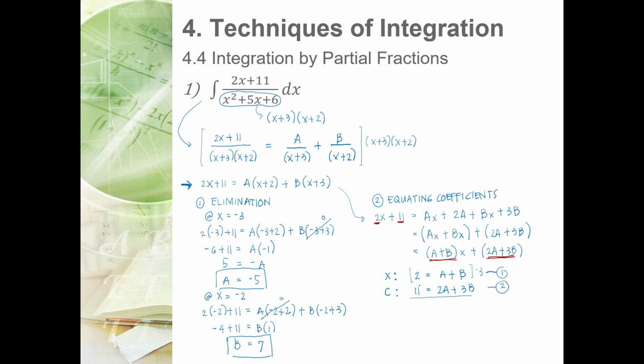So negative 6 plus 11, that would be 5. Then this would be negative a, di ba? So a is negative 5. And then b is, so negative 5, that would be 7.